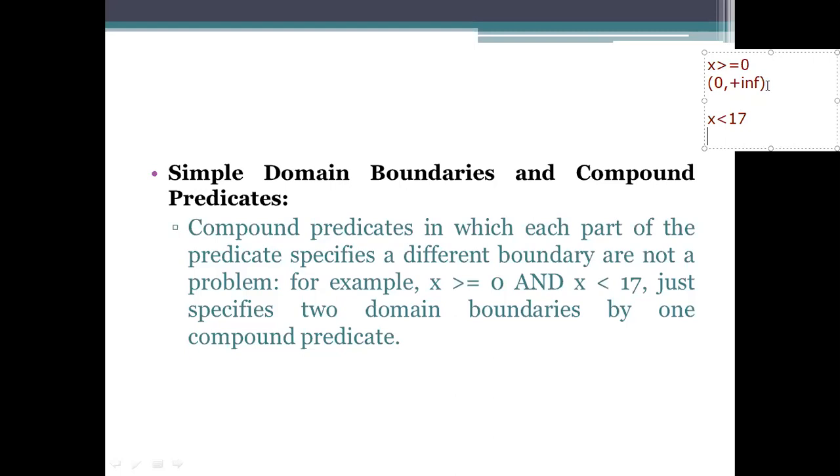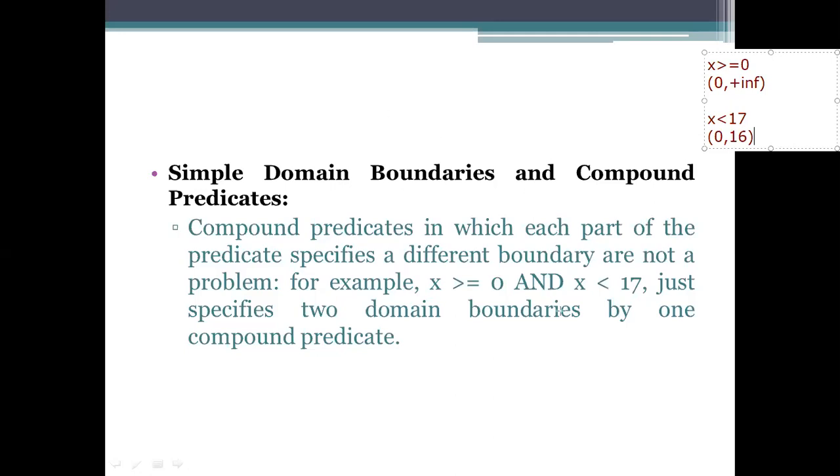So from where is it starting? It is starting from 0. I can take it as 0 and then 16, meaning it is less than 17. So 0 comma 16. To satisfy this compound predicate, we need to read the value of the input variable, which is x, and which has multiple boundaries here. How am I going to specify these boundaries?